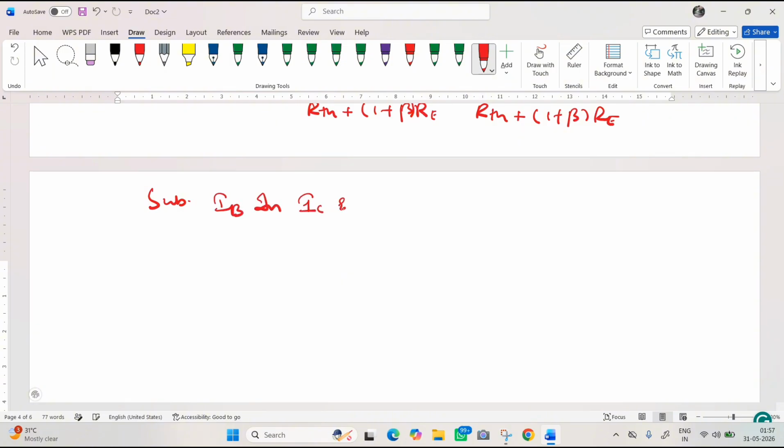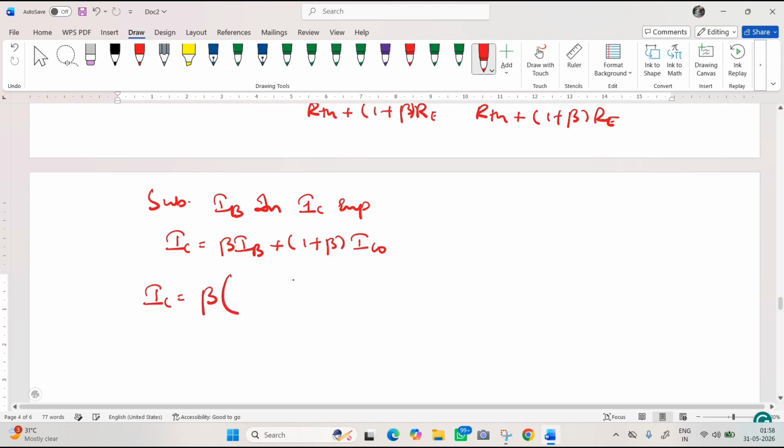the IC expression. What is the IC expression? The standard one: IC is equal to beta times IB plus (1 plus beta) times IC naught. This is the standard expression, right? In this case, I will substitute IC equals beta times IB. What is the IB?